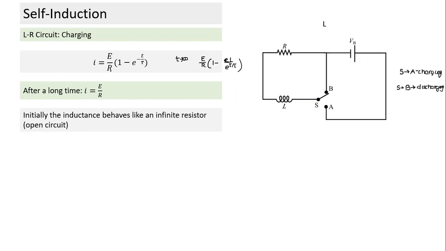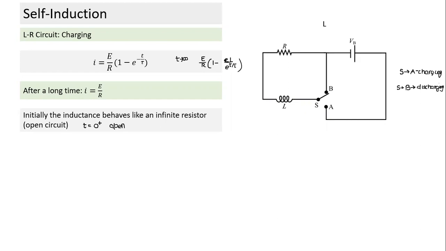So at time t equal to 0, soon after the switch is closed, soon after charging begins, it behaves like an infinite resistor, open circuit. So whenever we have to solve a question where t is equal to just soon after closing, any branch which contains an inductor can be treated as an open circuit.